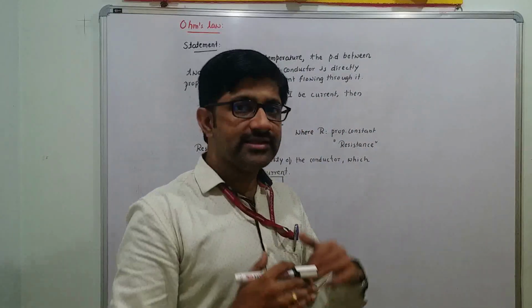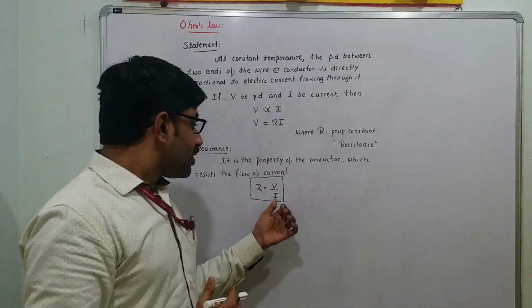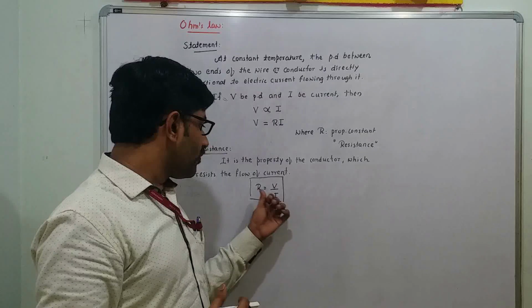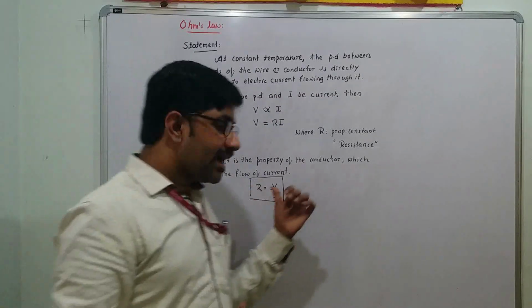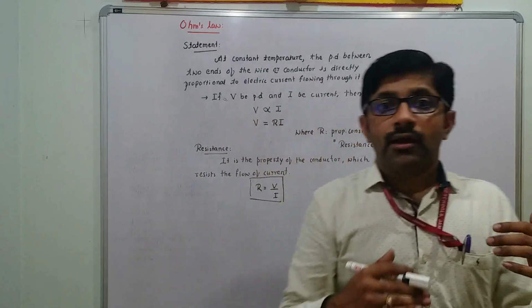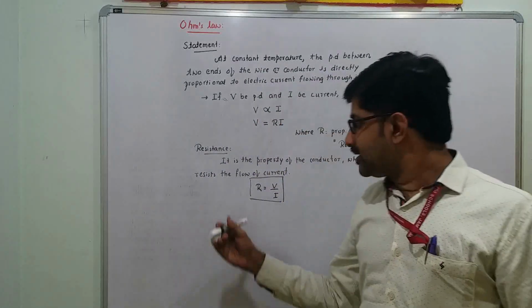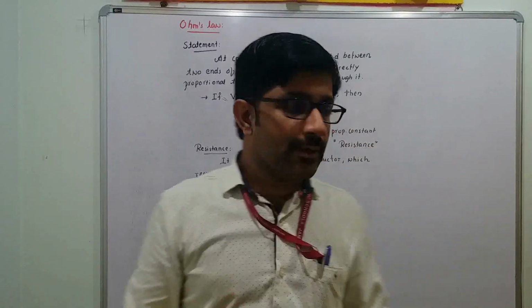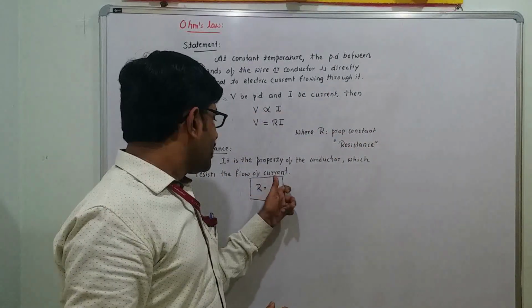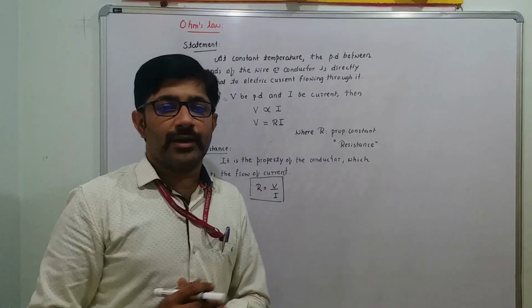If you increase the electric current, then you have an inverse relation. Therefore, resistance decreases as the current increases. Current decreases means resistance increases. That's the relation between R and V, R and I respectively.